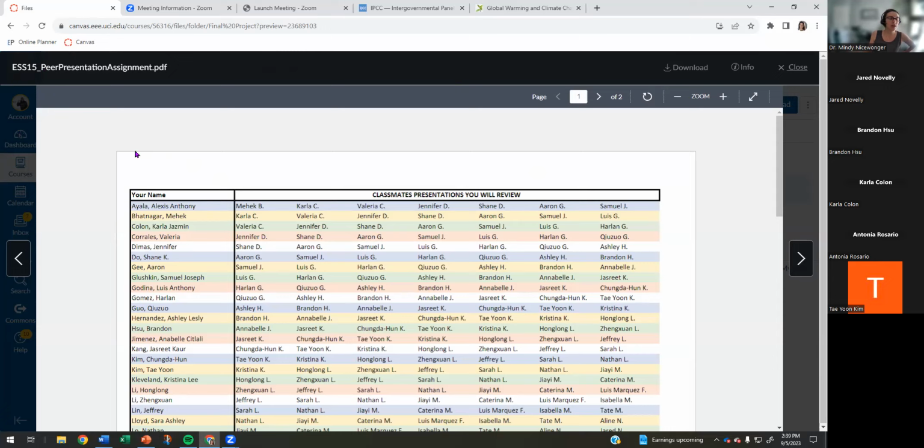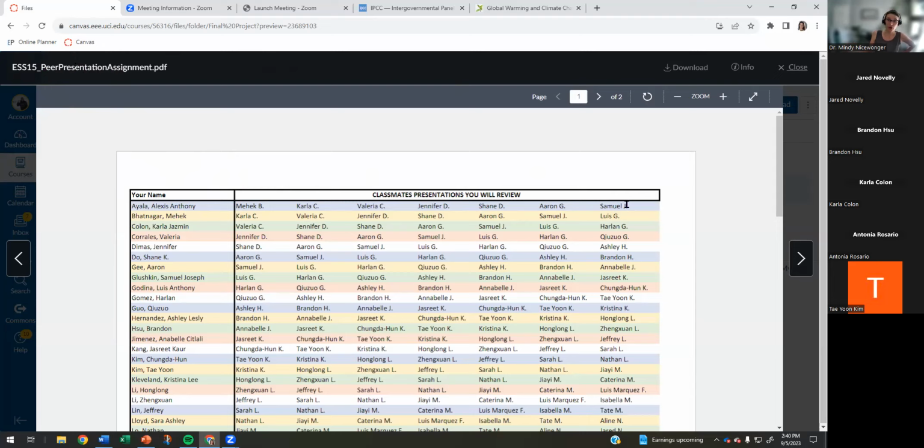That document is located under Files, National Park, Project Drawdown Final or Final Project, and then under Peer Presentation Assignment. You'll find your name on the left and the 7 classmates that you're going to review on the right.